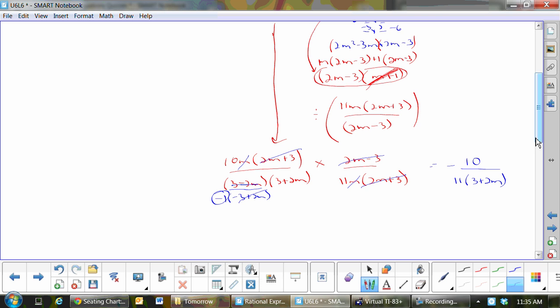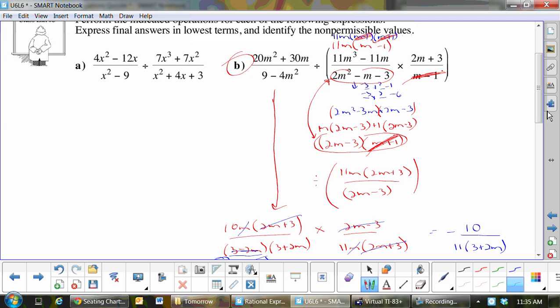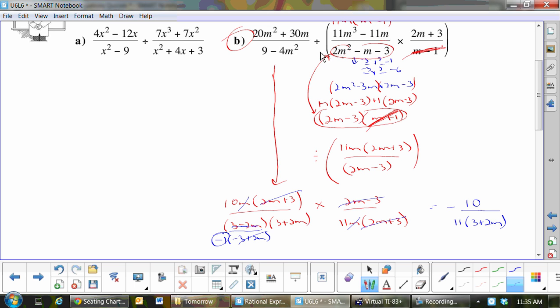Okay, now last thing though, it's the non-permissibles. So going right, like there's over here, this factor to be this, remember? So what would be bad here? Negative 3 over 2m. How about here? 3 over 2 would be bad, so we have to have plus or minus 3 over 2, we won't forget about that one. Okay, now let's look here.